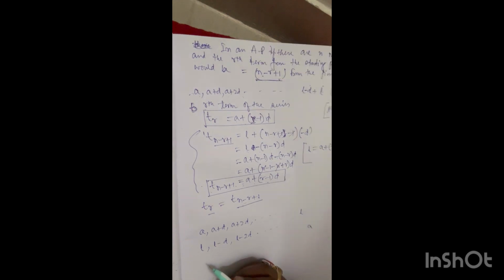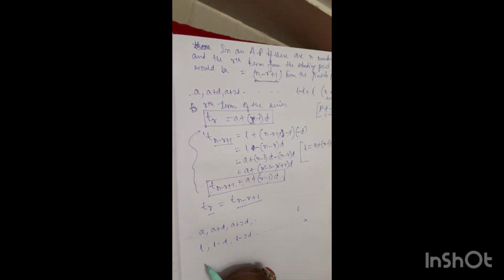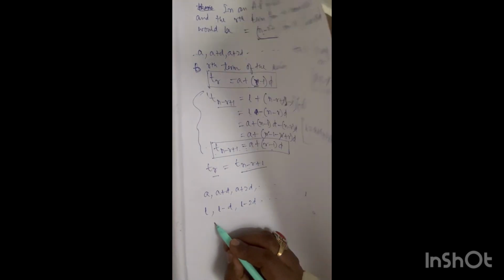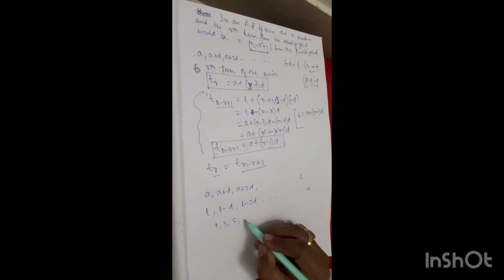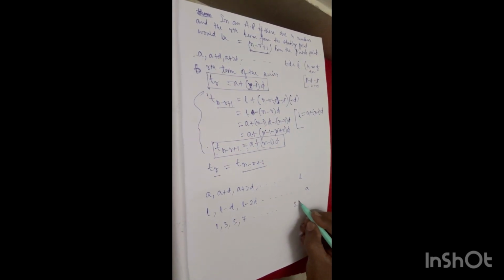Okay, so now let's say I am having one series: 1, 3, 5, the odd series, dot dot dot, and this is extended up to 21.